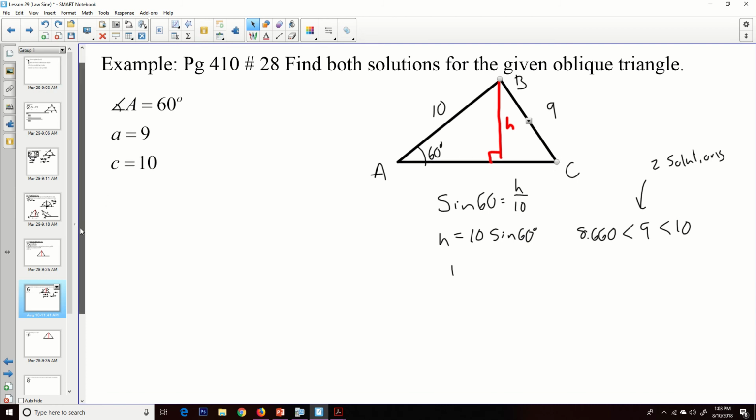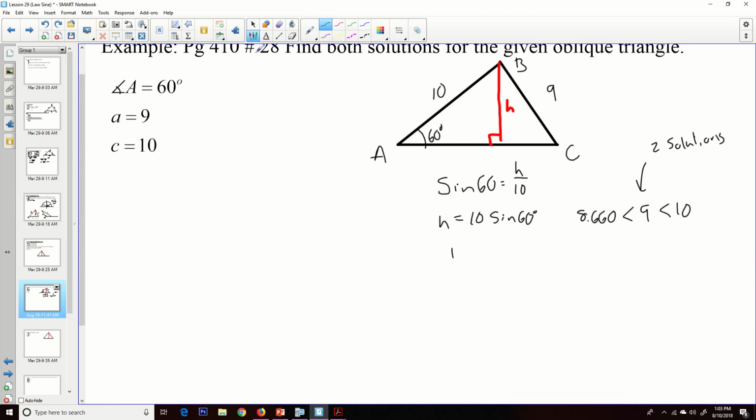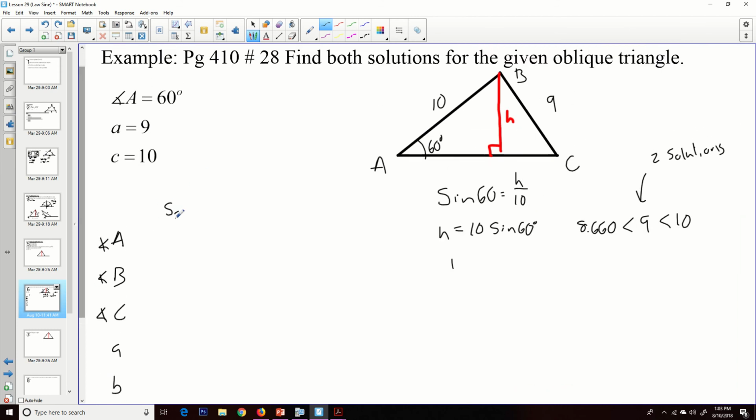So I'm going to write it this way. I'm going to go angle A, angle B, angle C, little a, little b, little c. And I'm going to go solution 1 and solution 2.